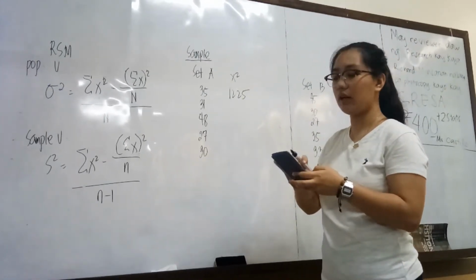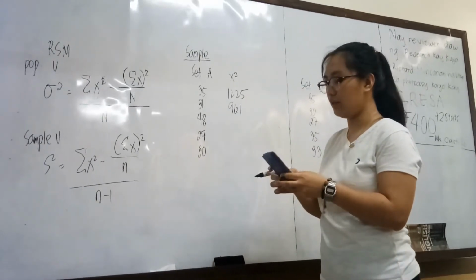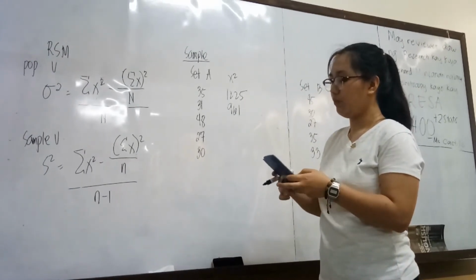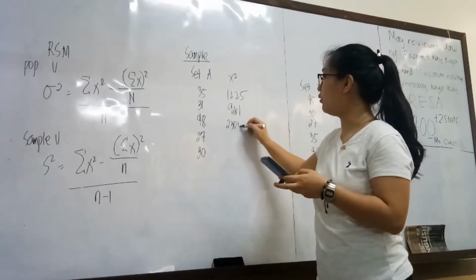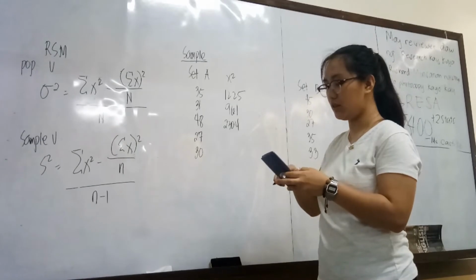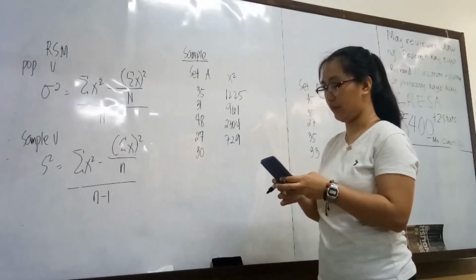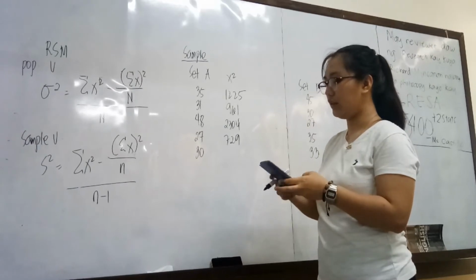Next, 31 raised to 2, we have 961. 48 raised to 2, we have 2304. Continue that until your last data, please. 729, and then we have 900.